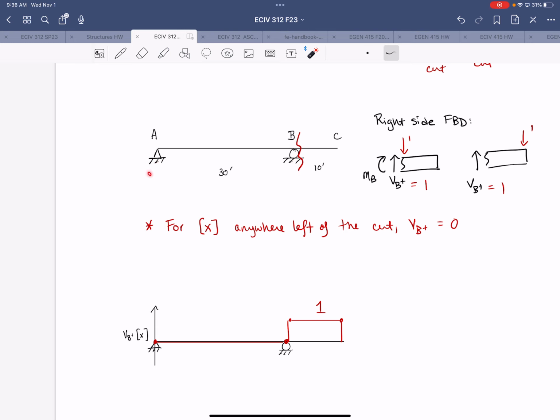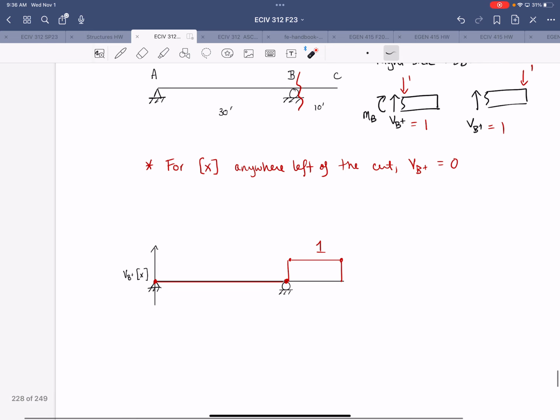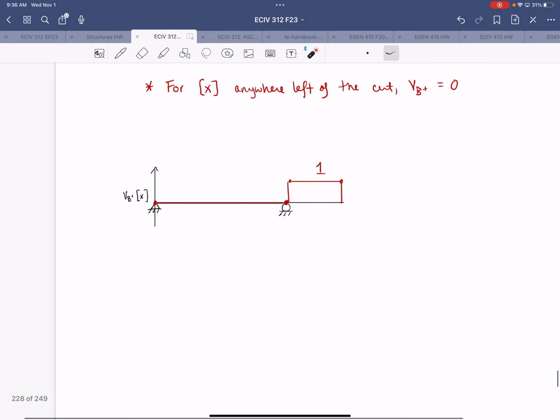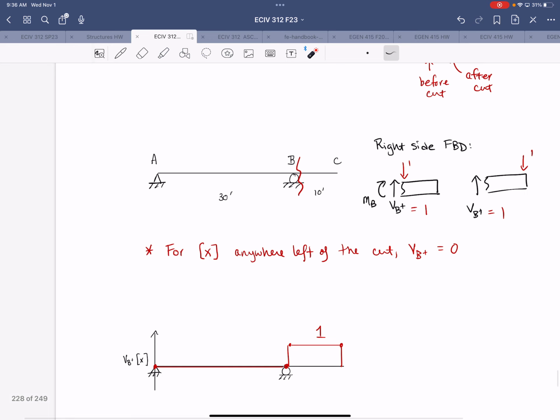And so the two reactions will always sum to 1 for unit load between those 2 points. And so the result of your free body diagram when that unit load is acting downward and you have a summation of 1 acting upward, it's going to be 0, right, when you sum forces in Y. All right, questions?